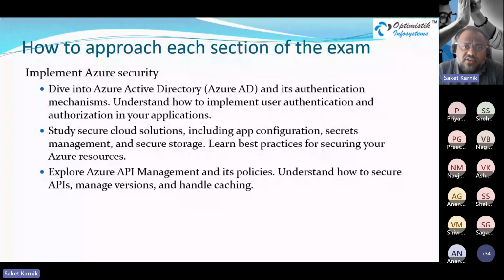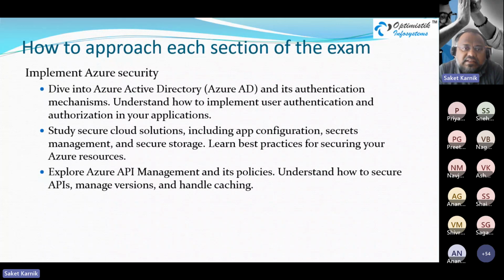Then secure cloud solutions. That includes app configuration, secrets management, which actually comes with the Azure Key Vault service, then secure storage, etc. So it's all about identity and access management here as well.